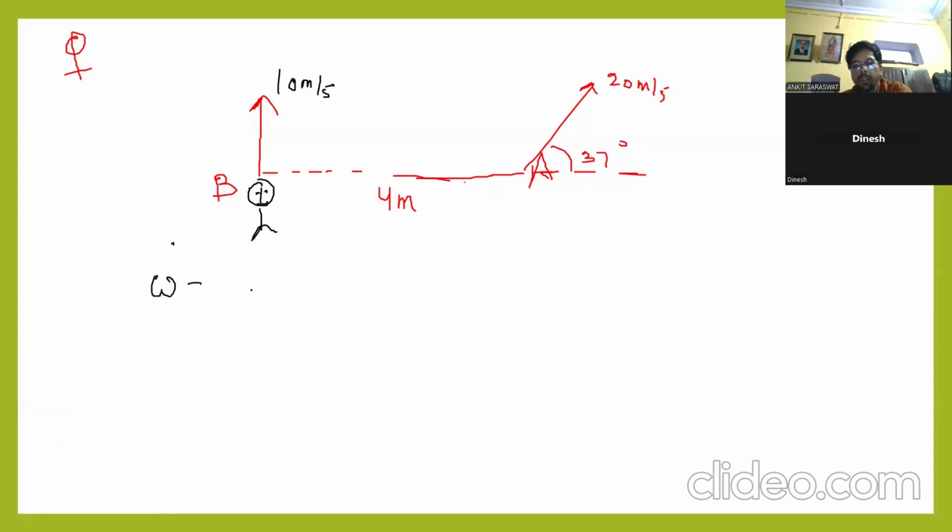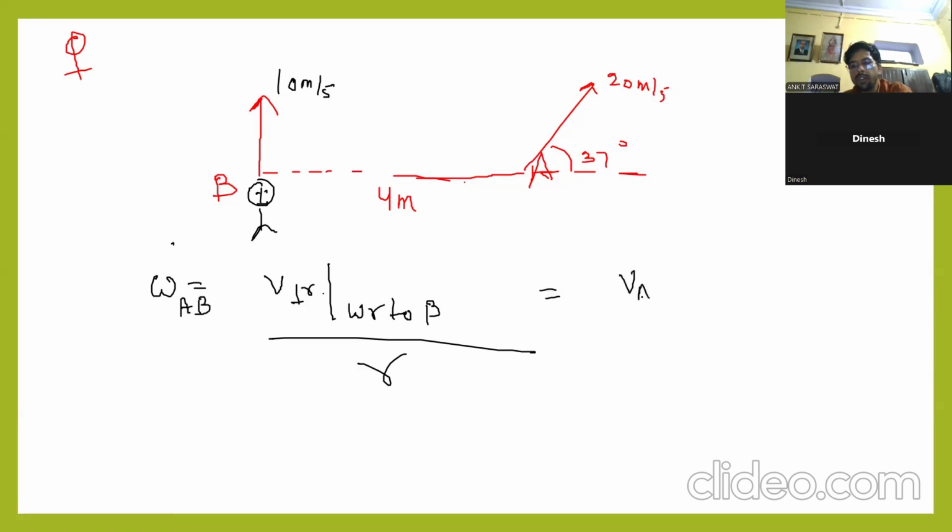Omega will be the perpendicular component, with respect to B, divided by R. This is omega AB. So the relative velocity will be VA minus VB.